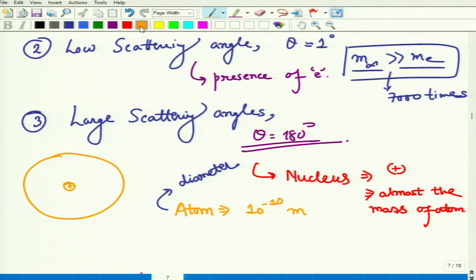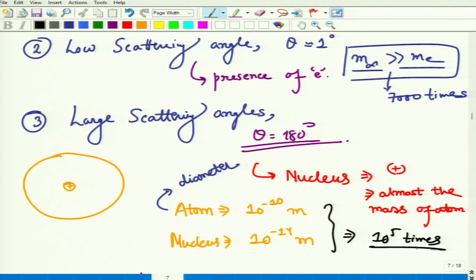It was known to us, and the Rutherford experiments suggest that the nucleus should have a diameter around 10 to the power minus 14 meter, which indicates that the nucleus is 10 to the power 4 or 5 times smaller compared to the overall atom.